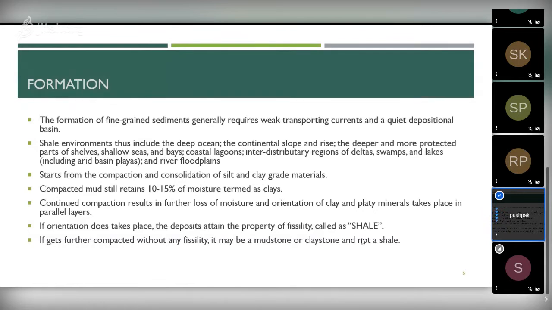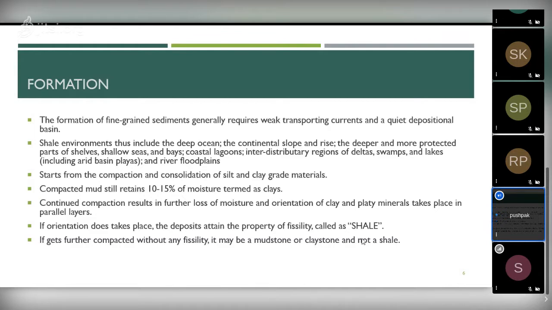The continued compaction results in further loss of moisture and orientation of clay and platy minerals in parallel layers. If orientation takes place, the deposit attains the property of fissility and can be called a shale.